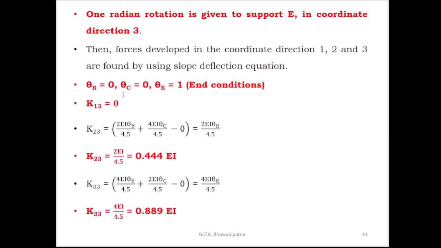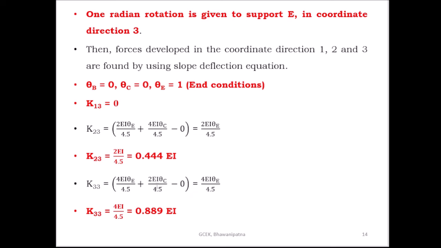So this is theta B 0, theta C 0, theta E is equal to 1, K13 is equal to 0. Then K23 is equal to 2EI theta E by 4.5 plus 4EI theta C by 4.5. So this is equal to 2EI theta E by 4.5 because theta C is equal to 0. So K23 is equal to 0.444 EI. Then find out K33. K33 is equal to 4EI theta E by 4.5 plus 2EI theta C by 4.5.